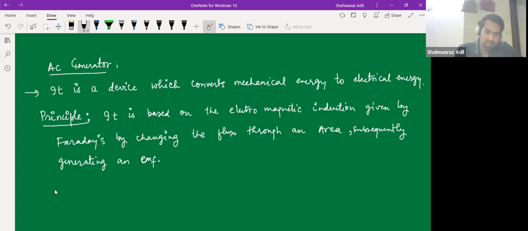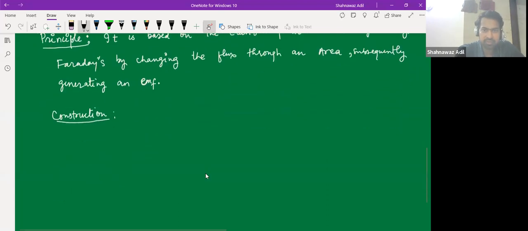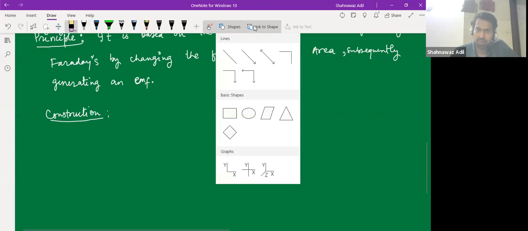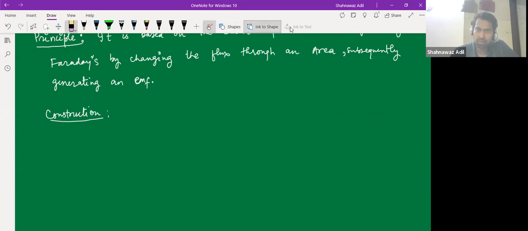Now, what is the construction of an AC generator? Right, so you have some magnets, right? How do you draw?